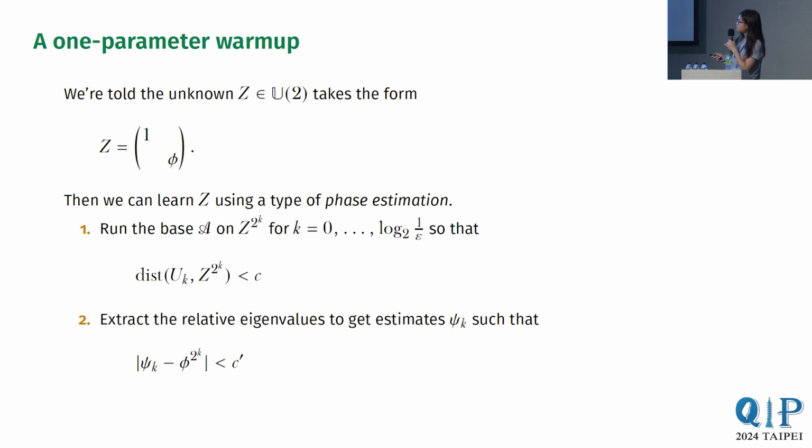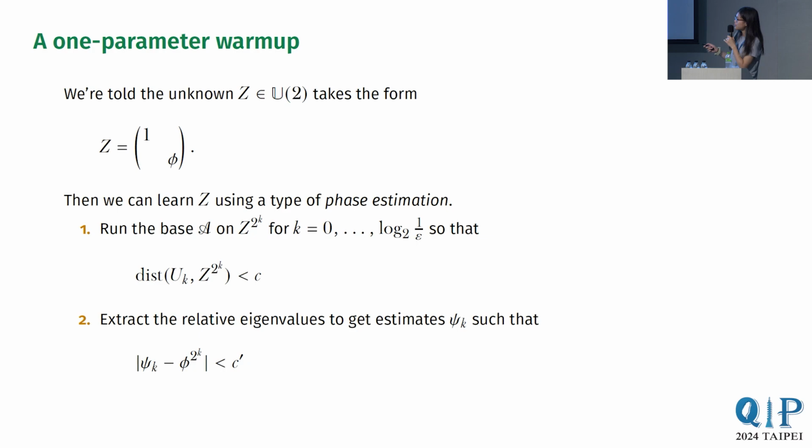What you do is you can run your base tomography algorithm on z to the 2 to the k. So this will give me constant error estimates to z squared, z to the 4th, and so on. And with these constant error estimates, if I look at what z to the 2 to the k is, it's going to be the diagonal matrix with 1 and then phi to the 2 to the k.